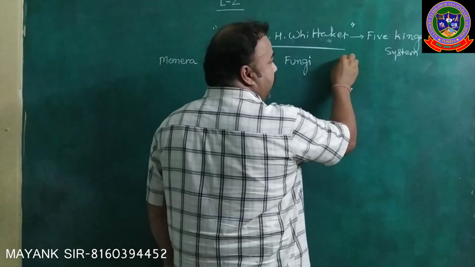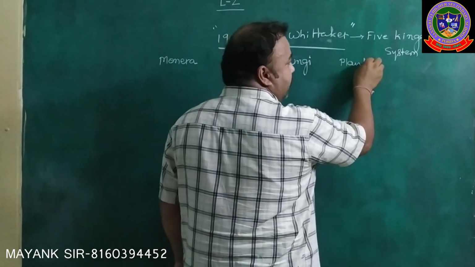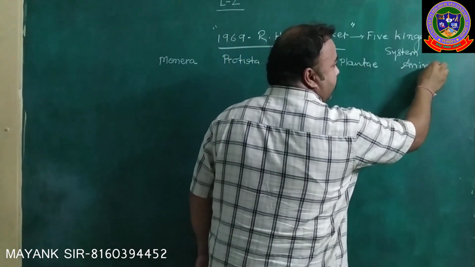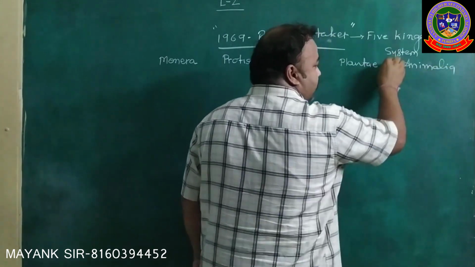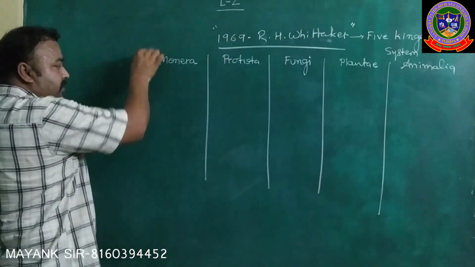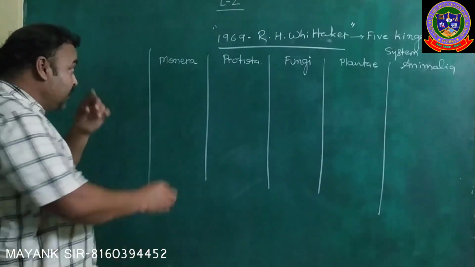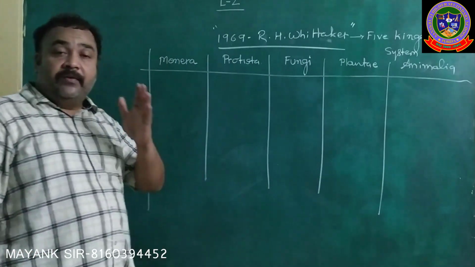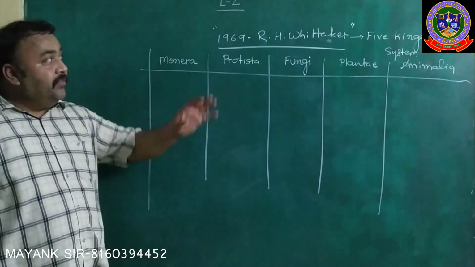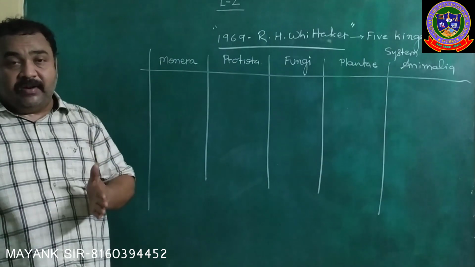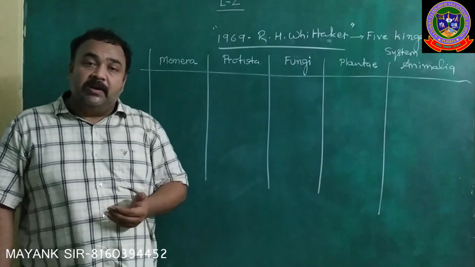The fourth one was Plantae, and the fifth one was Animalia. So, all the living organisms in 1969 were divided into 5 kingdoms. And this was known as the 5-kingdom system of classification, which was proposed by Whittaker.